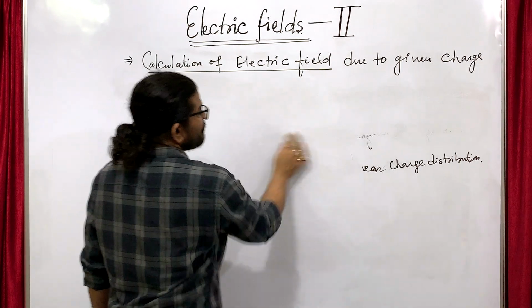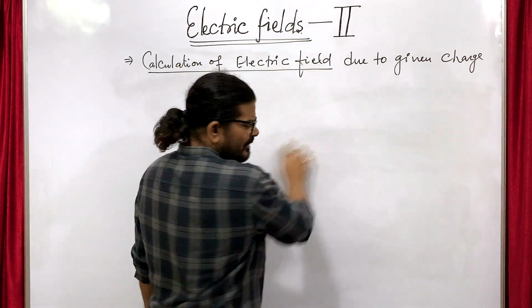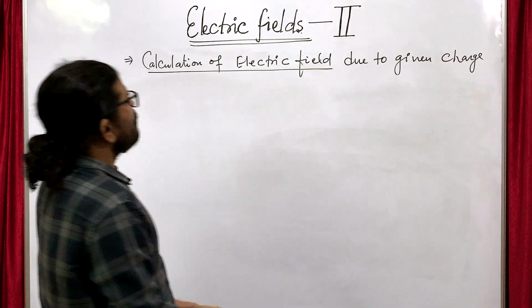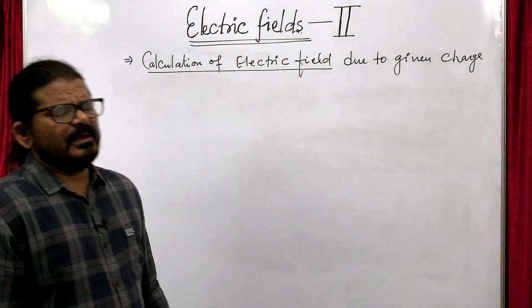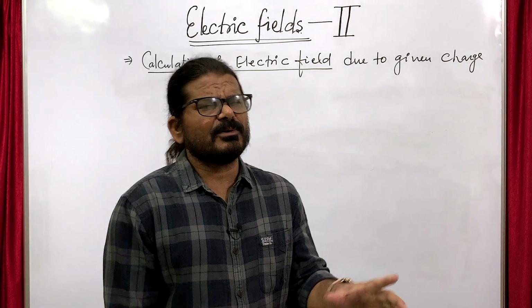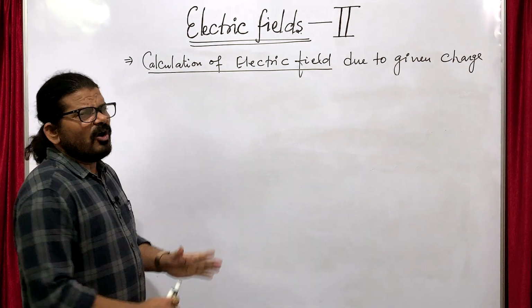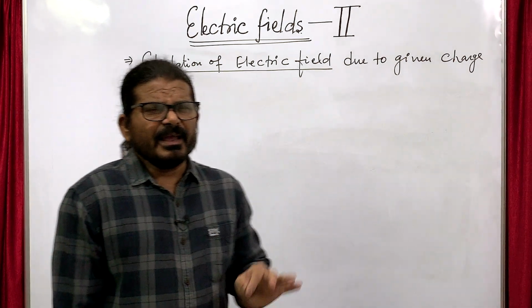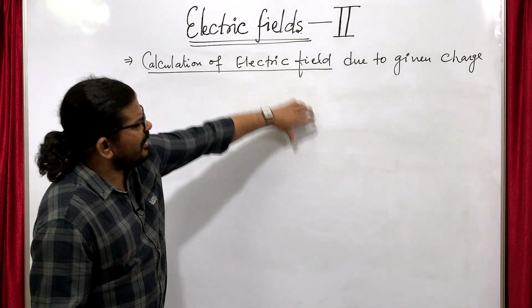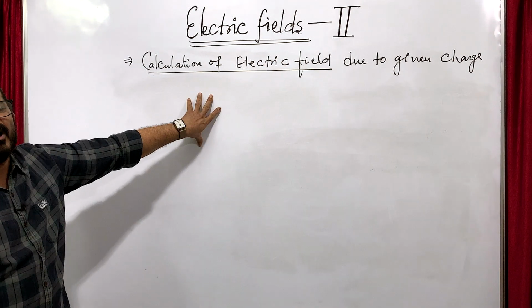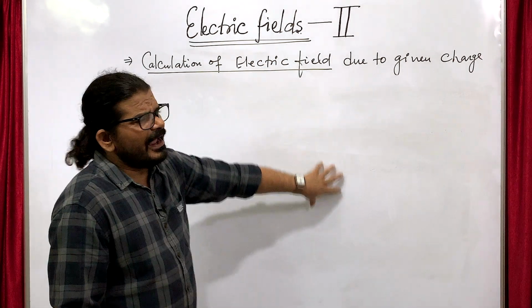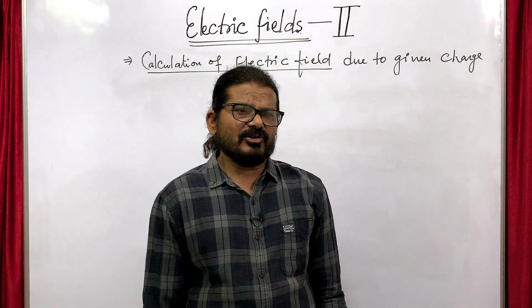Now see, here there are two types of distribution. Either there will be discrete distribution or continuous distribution. In continuous distribution, you have seen three types: volumetric, surface (areal), and linear distribution of charge.